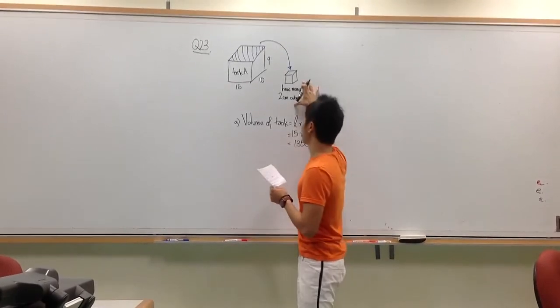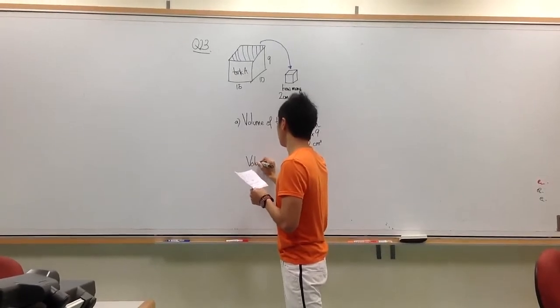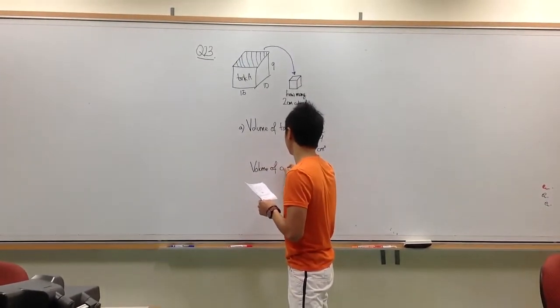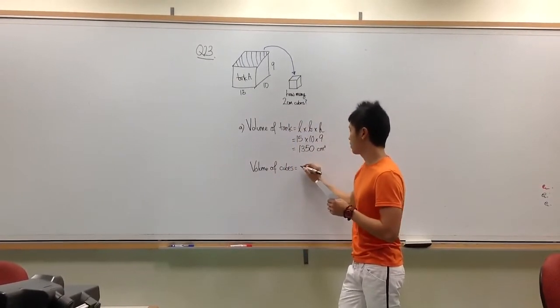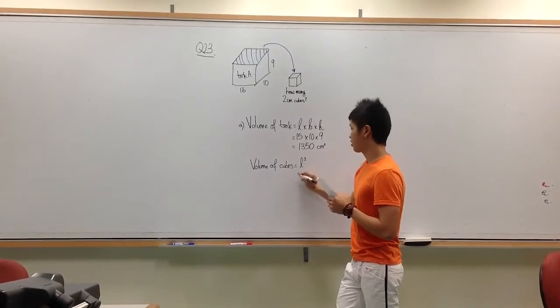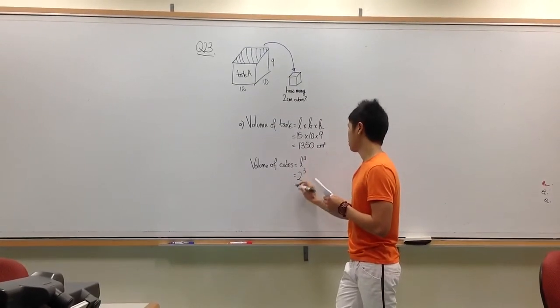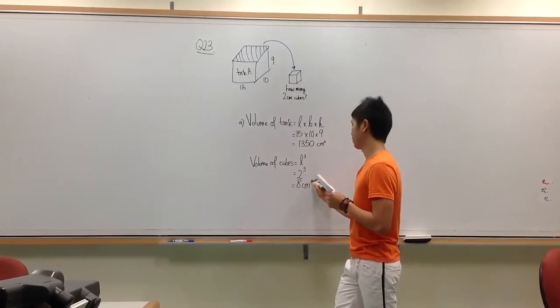Similarly for the small cubes, to find the amount of water they can contain, you must calculate the volume. For cubes, it's simply length cubed, because all the sides are the same. So you take 2 cubed, which will give you 8 cubic centimeter.